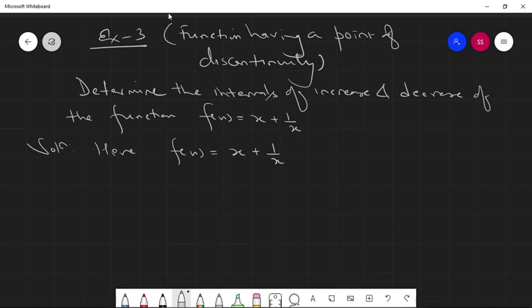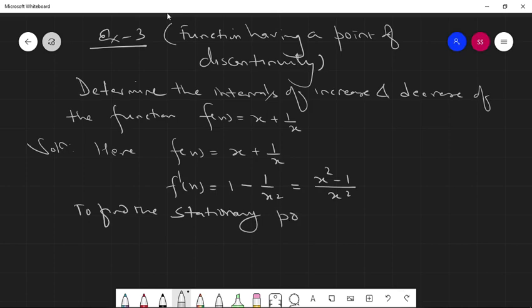Then the first derivative f dash x equals the derivative of x, which is 1, and the derivative of 1 by x, which is minus 1 over x square. It can be written as x square minus 1 over x square. To find the stationary points, f dash x equal 0.